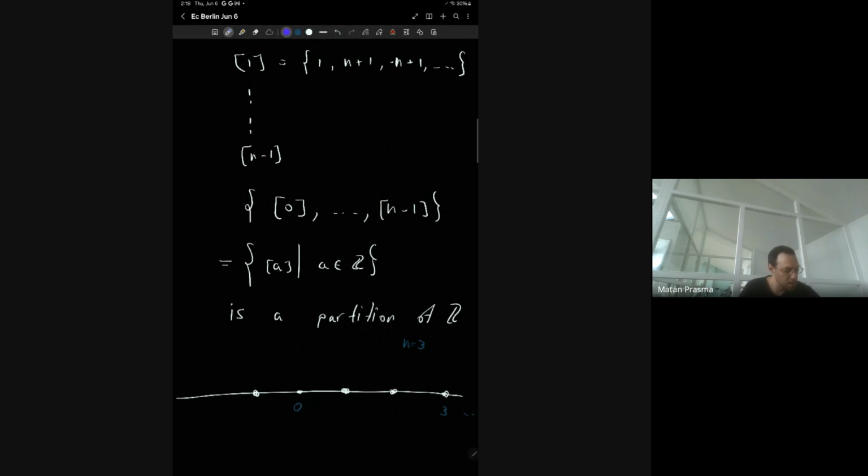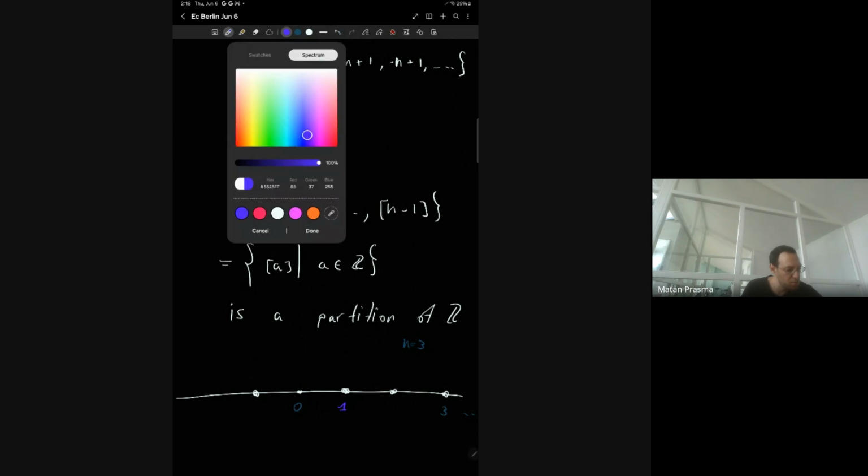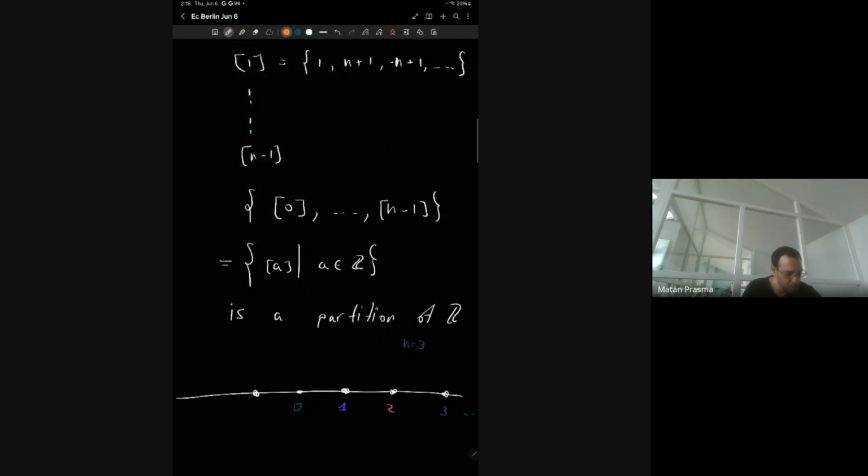A second equivalence class would be the equivalence class of 1: 1, 4, and so on. And the third would be the orange guy, and 2. So you take all equivalence classes, you get a partition of the set. This is true for any equivalence relation. In fact, it's an equivalent definition of an equivalence relation.